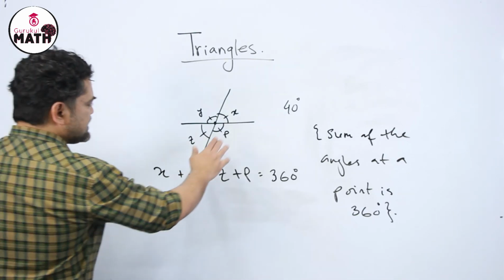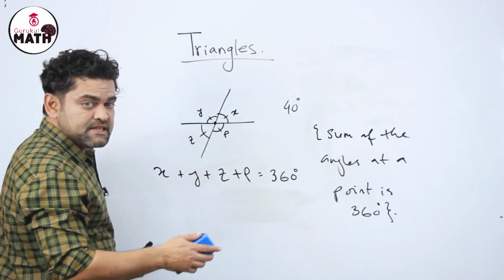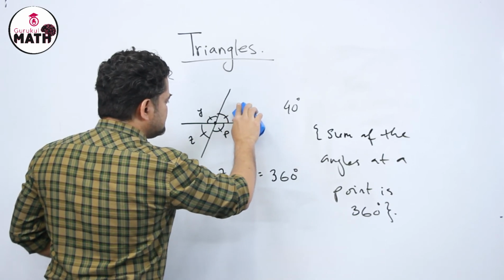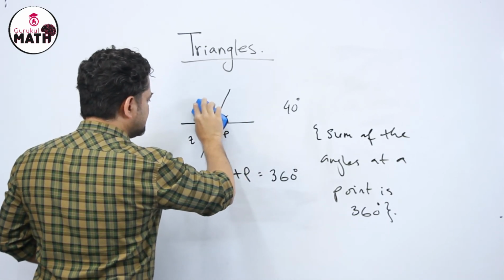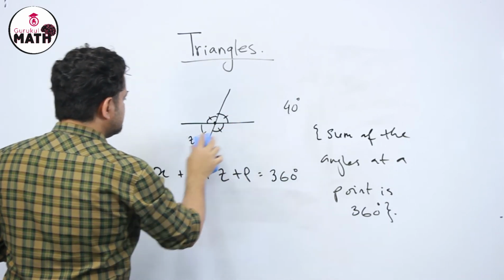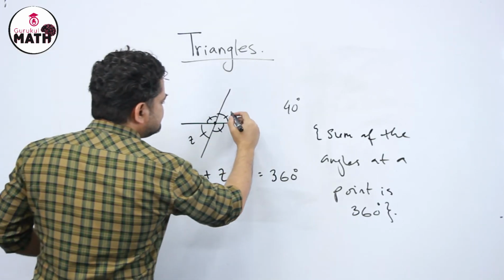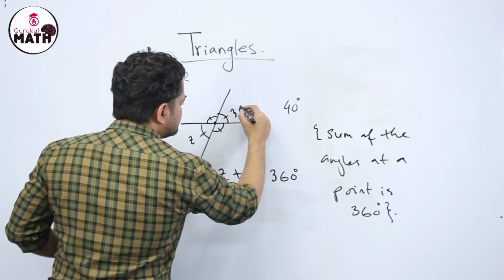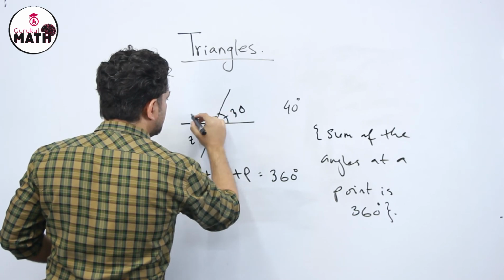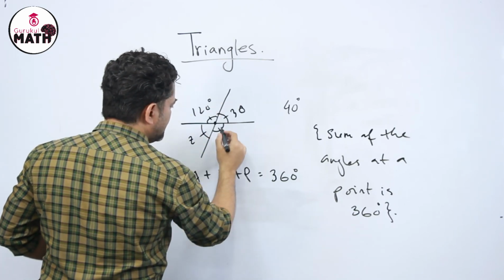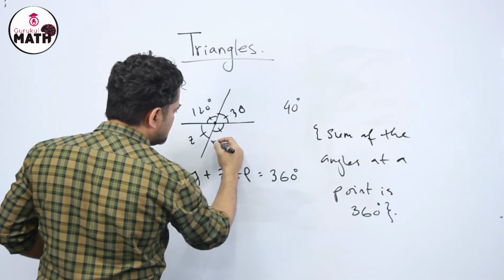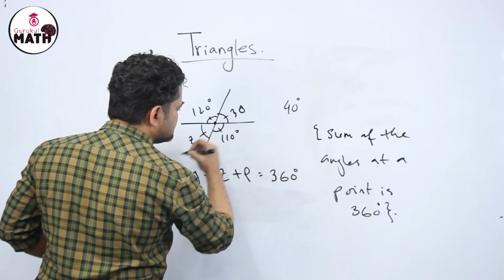So instead of x, if I write here some values, let me check this out. Suppose this is 30 degrees and this is 120 degrees, and this one I can consider, suppose 110 degrees.